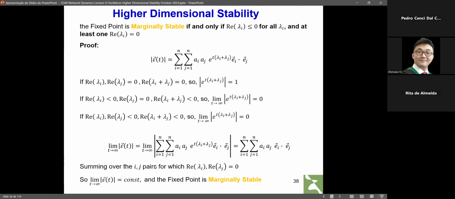And then summing over all the ij pairs for which the eigenvalues are 0, you have a constant, and the fixed point is marginally stable, because in the directions associated with the eigenvectors with null eigenvalues, they are going to stay at that distance from the fixed point. So it's marginally stable.